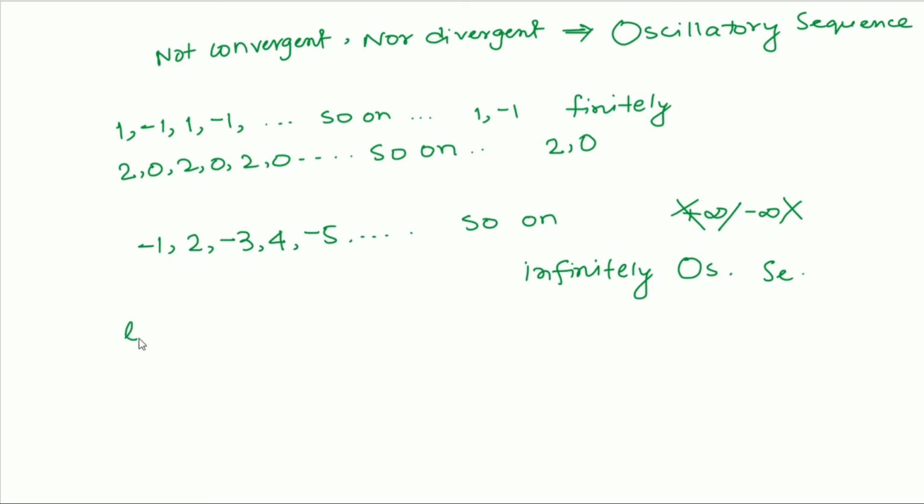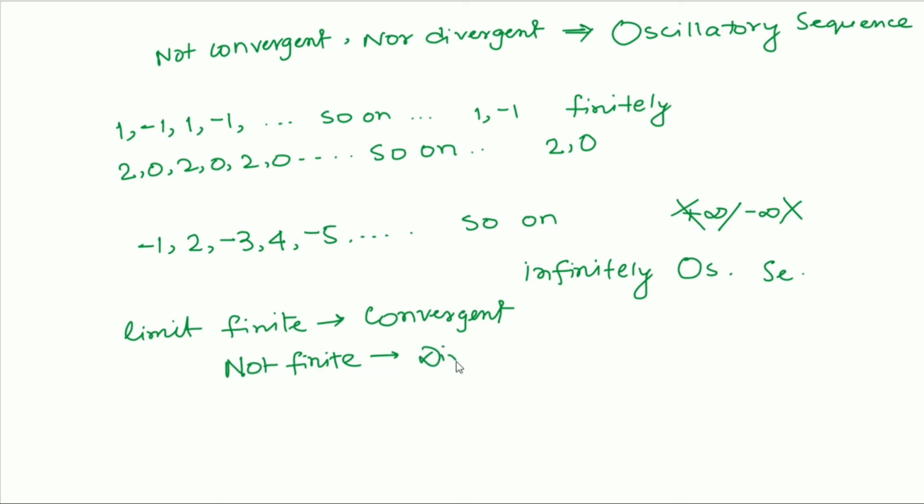If the limit is finite, the sequence is convergent. If the limit is not finite, it is divergent.